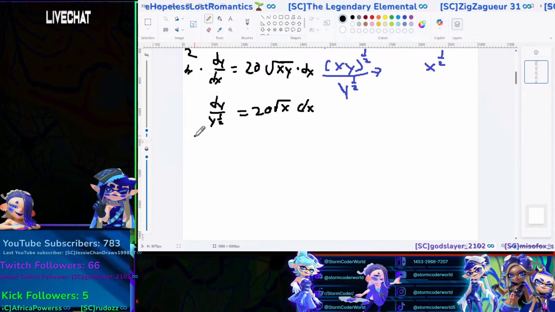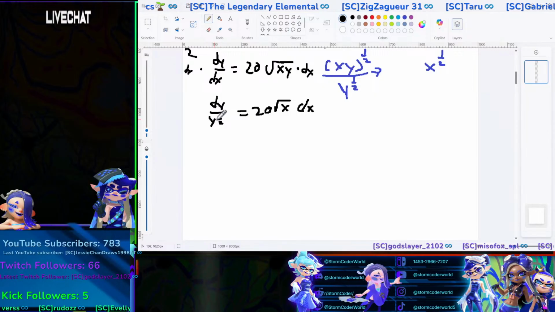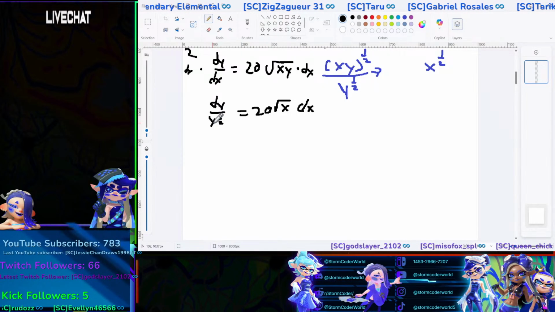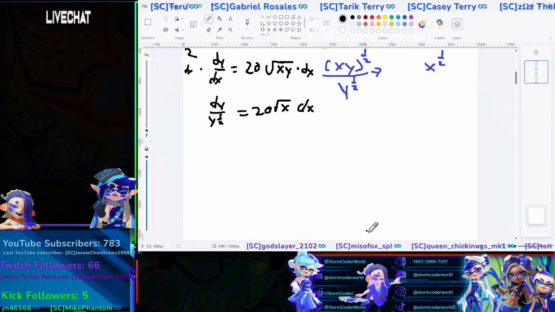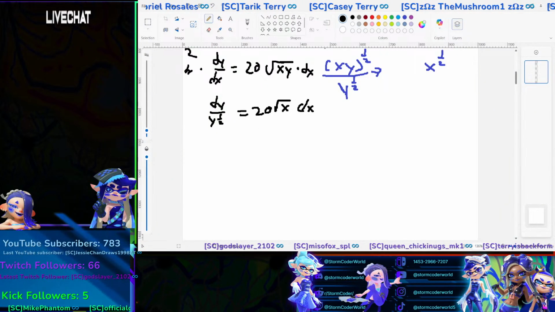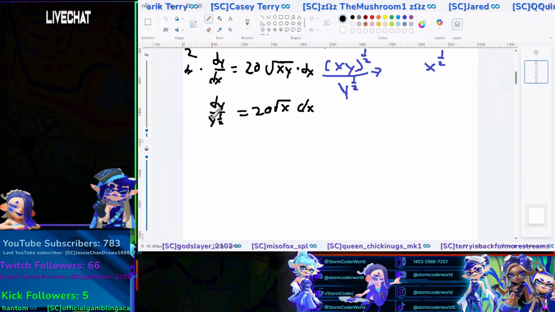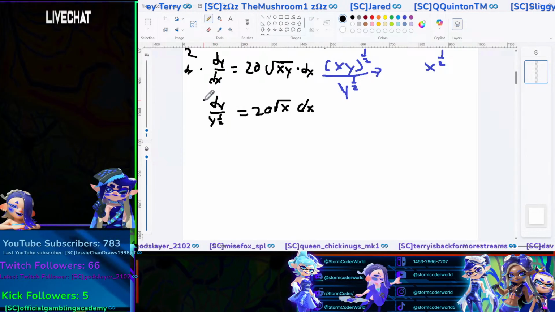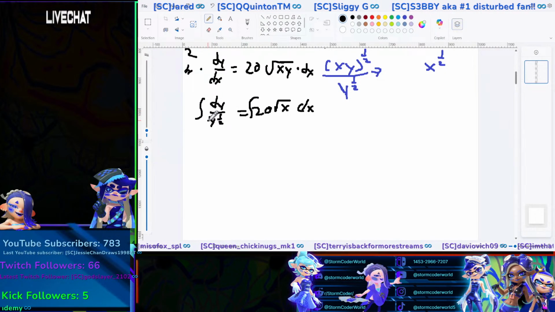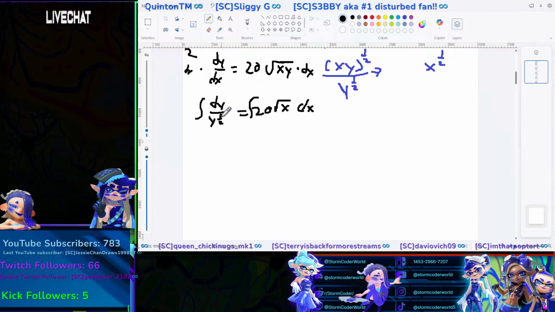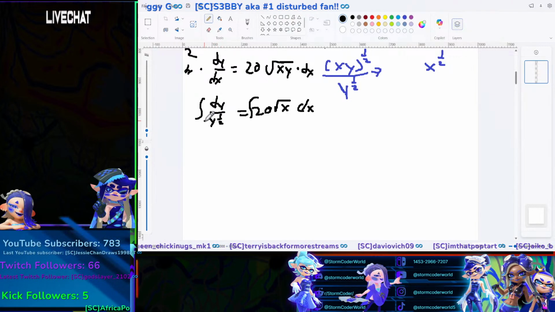From what I remember, I know what this becomes, but I have to get a 1/2, so I have to put a 2 up here. From my experience, I have to put a 2 up there. Integrating these directly, y over this 1/2.